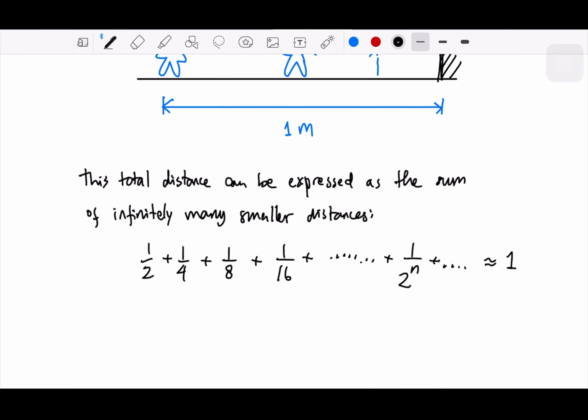The argument for the paradox is that it does not make sense to add as many numbers as an infinite amount, right? Because infinite is not an exact value. It's abstract. Right? Infinite is abstract.